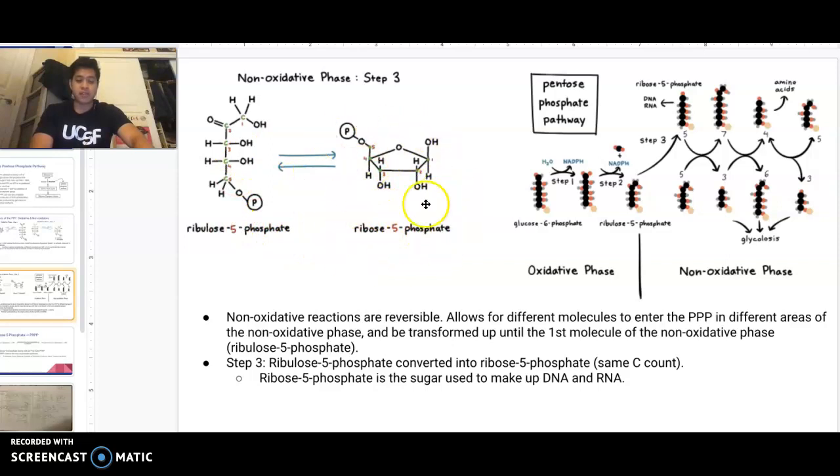This ribose 5-phosphate is very important because that's the sugar that's used to make DNA and RNA. And over here on the right, you can see the overall PPP and all the steps that go through. Oxidative phase, first two steps, non-oxidative phase, everything else. Ribose 5-phosphate made up here.